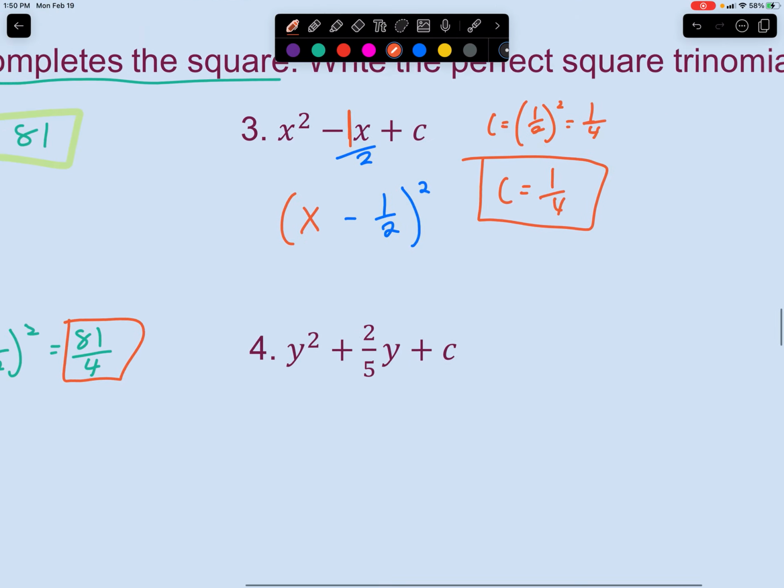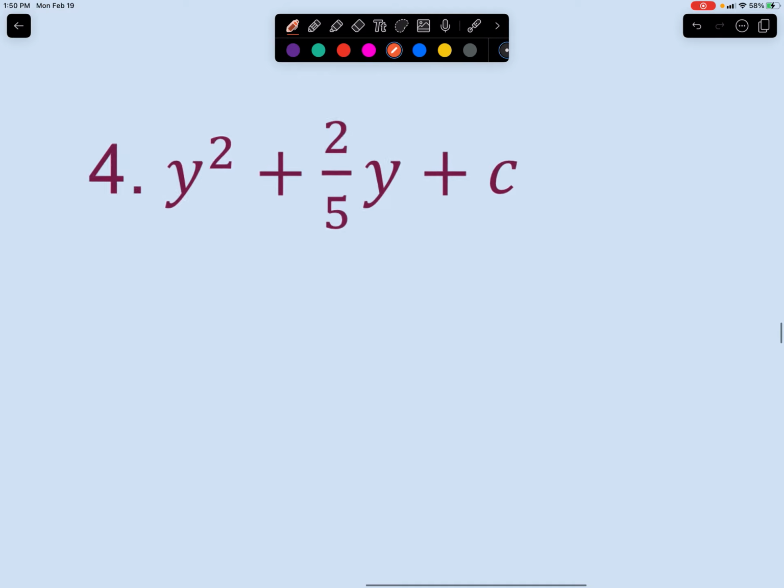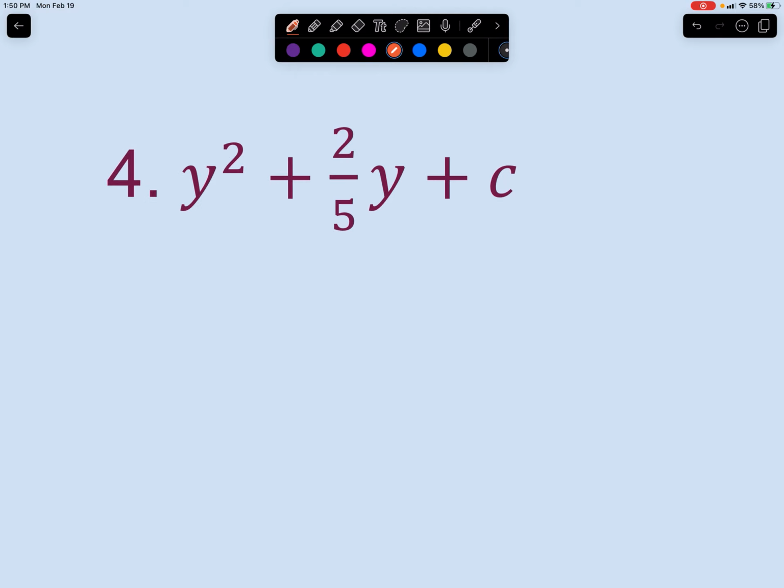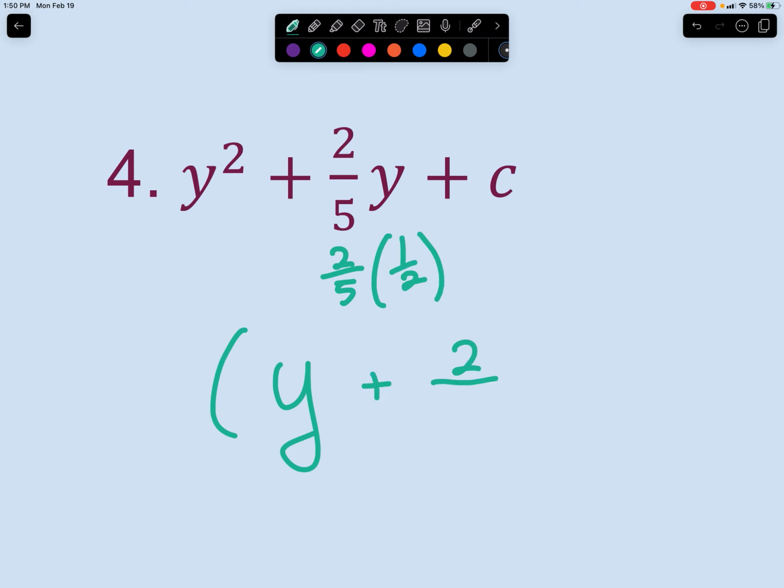And then number 4 here, you might have been freaked out by the fraction, but we're going to figure it out together. All right, why? When I divide by 2 with this fraction, that's the same thing as multiplying by 1/2. So this actually ends up being 2/10. And then when we square it, we can actually simplify that.